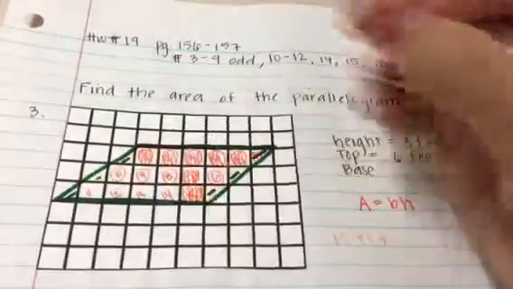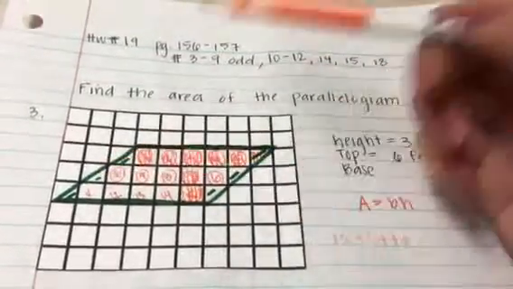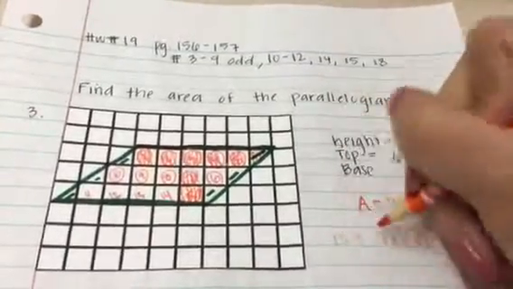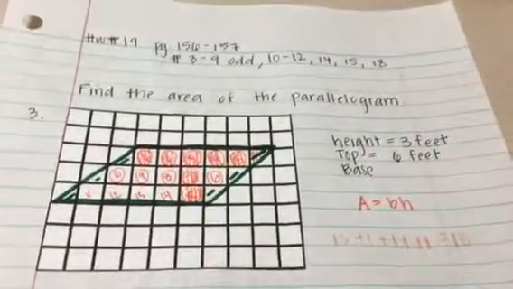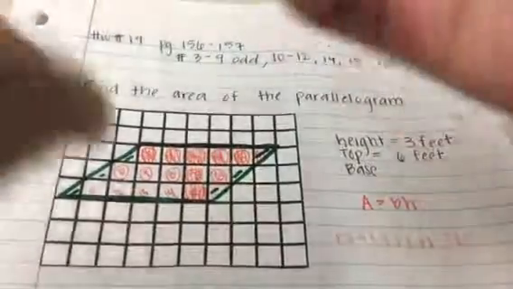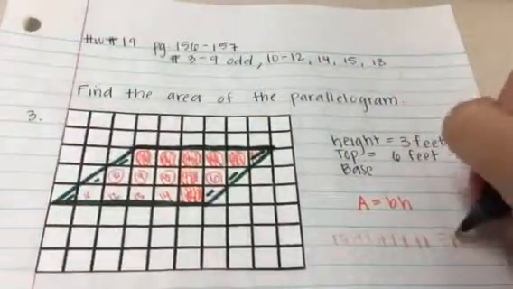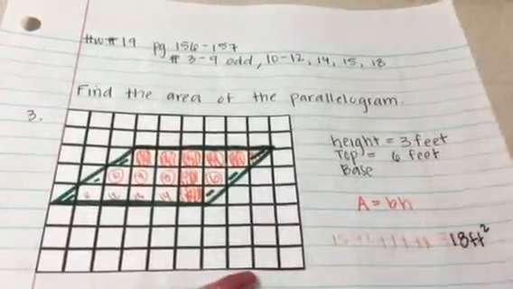And then 1 and 1, that makes another complete one. And then these two makes another complete one. So that would be a total of 15, 16, 17, 18. 18 little squares. So the area of this parallelogram would be 18 feet squared. That's one way of finding the area.